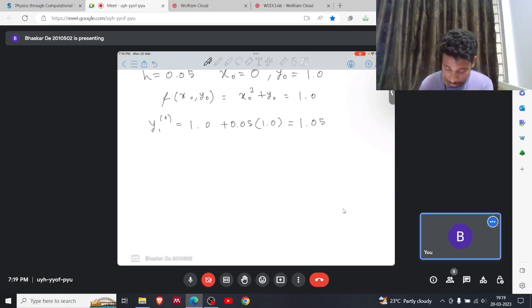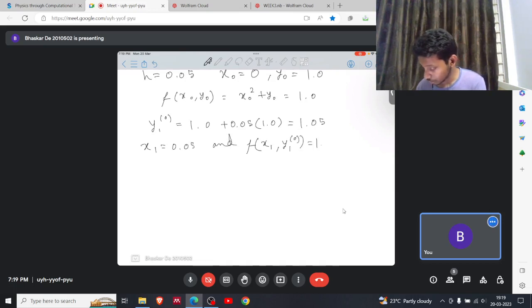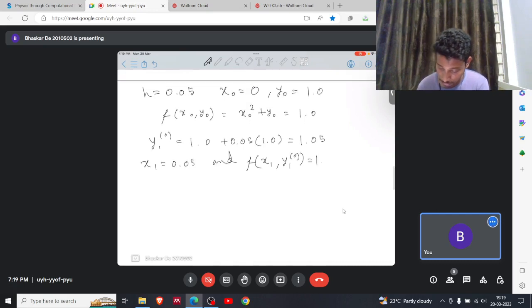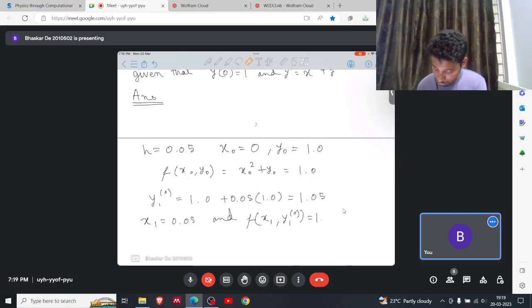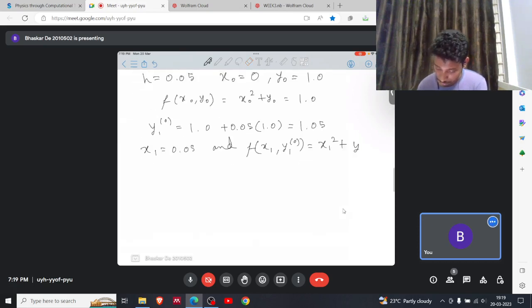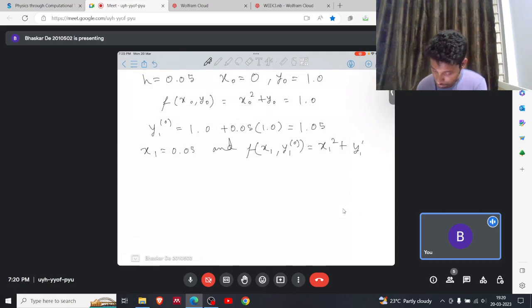Now we have x1 equal to 0.05 and f of x1 y1 0 equals x1 square plus y1 0, so 0.05 whole square plus 1.05, which gives 1.0525.